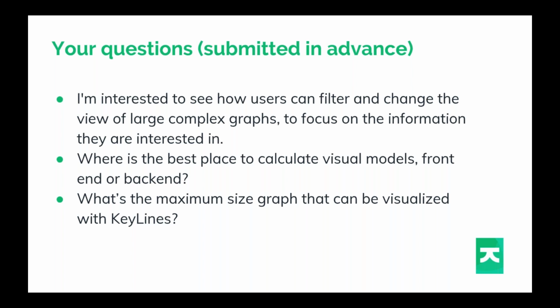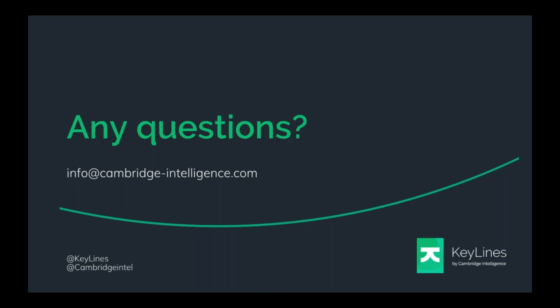Downside to that is you've got to do more work in your application, your front end, but the advantage is that you can take advantage of KeyLines tools for doing that, and particularly if your data is coming from lots of different databases, or it's not coming from a graph database and you don't have those tools for doing graph traversals, you could make use of KeyLines and do some of that up front. So there's no best place. I would just say do as much as you can on the back end unless it impacts your user experience.